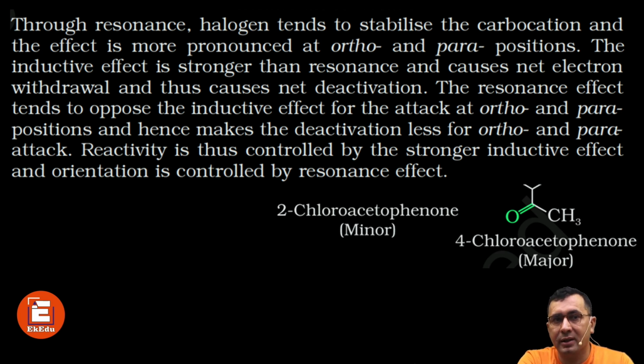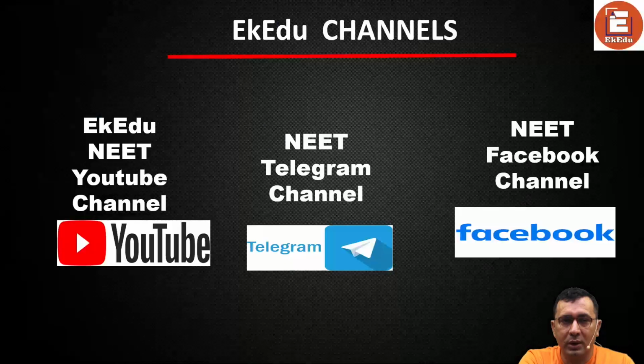The inductive effect is stronger than the resonance and causes net electron withdrawal and thus net deactivation. The resonance effect tends to oppose the inductive effect for attack at the ortho and para positions and hence makes deactivation less for ortho and para attack. Reactivity is thus controlled by the strong inductive effect, and orientation is controlled by the resonance effect.